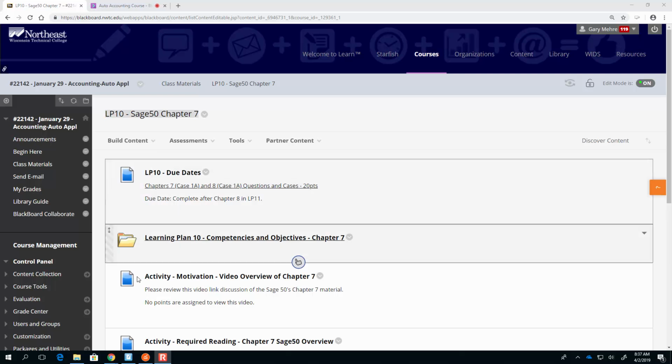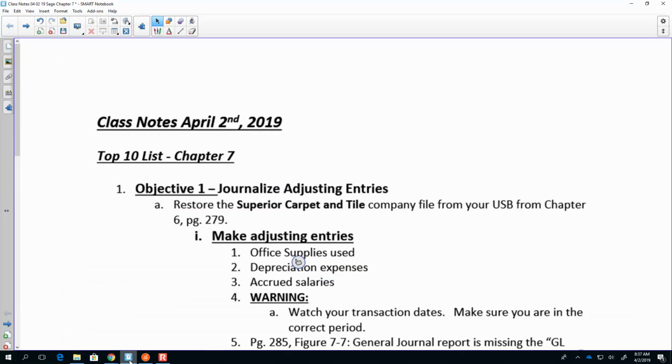Today's discussion, we'll start with chapter 7. Probably the simplest chapter that we have, and it doesn't take long to do.